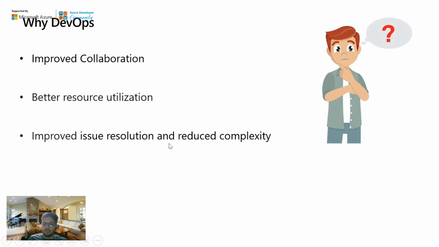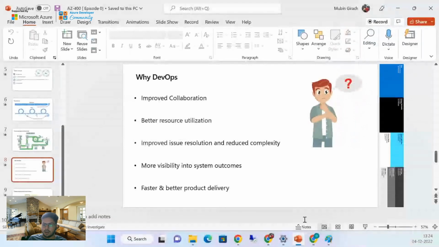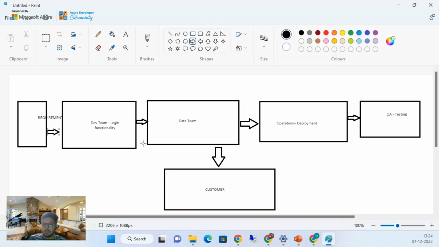Then we have an improved issue resolution and reduced complexity, which means that, for example, there is a requirement of creating a login functionality over here. And once we have created the login functionality, at the end of the cycle we would be having a collaboration or a discussion with the customer, and we would be figuring out, okay, the login functionality has one thing missing or two things are missing.